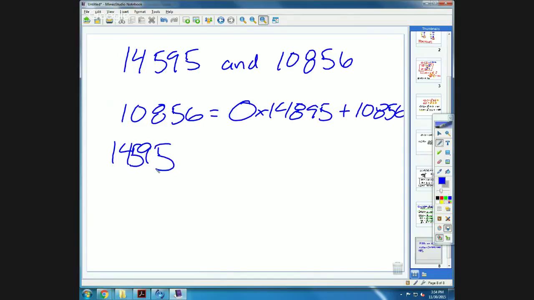So yeah, it's only going to go in there once, and the remainder is whatever the difference is of those two. So the first step ends up looking like that third line there.